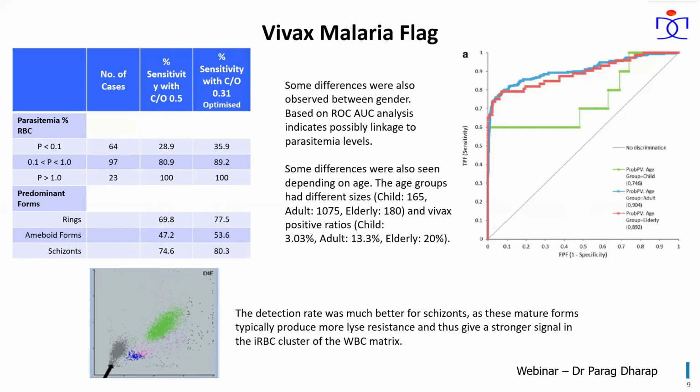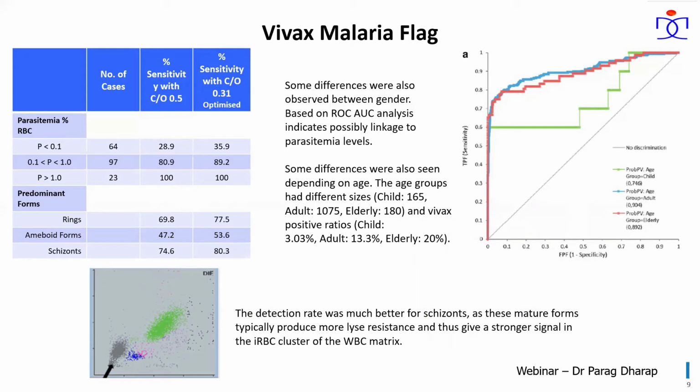One can clearly make out the differences in the sensitivity across both cutoffs, 0.5 as well as 0.31, which was the optimized cutoff.